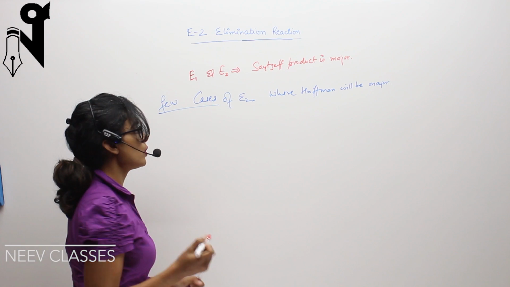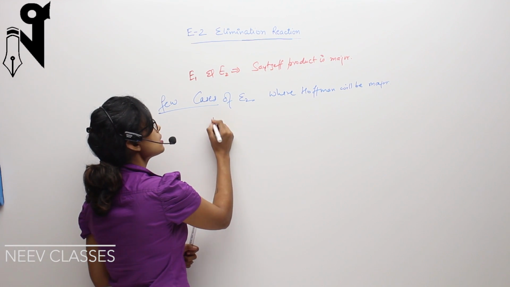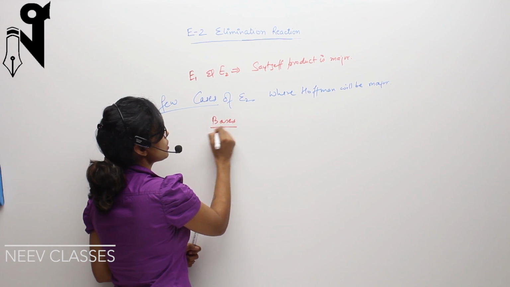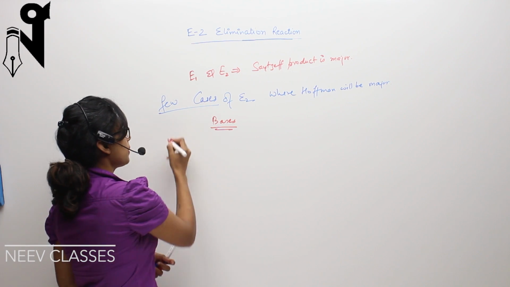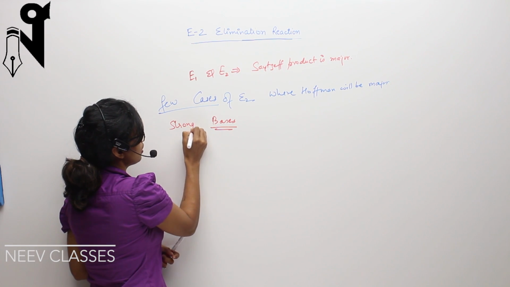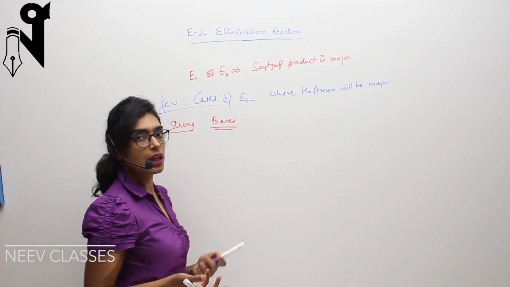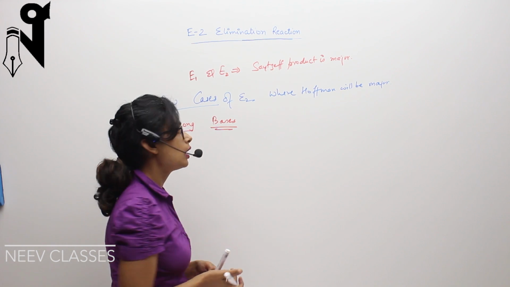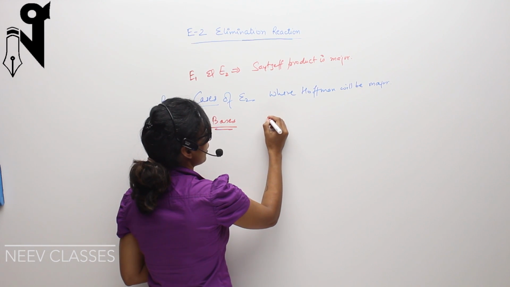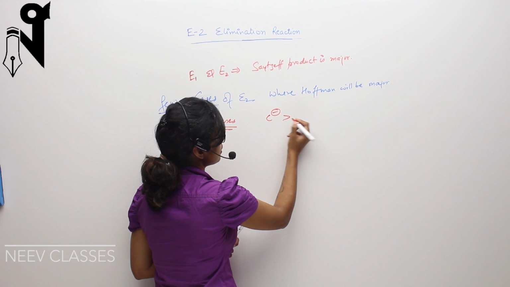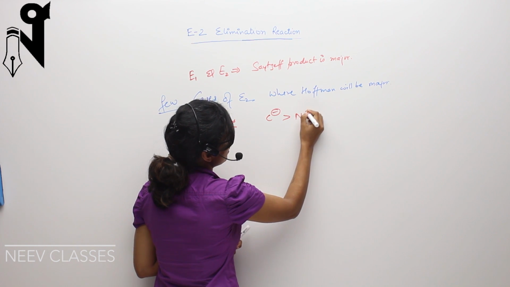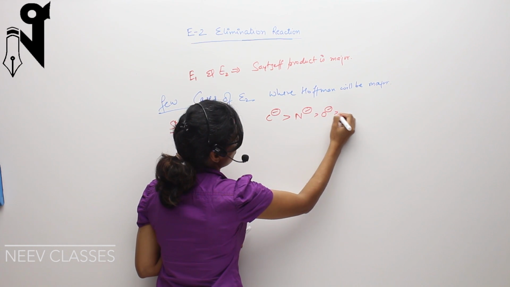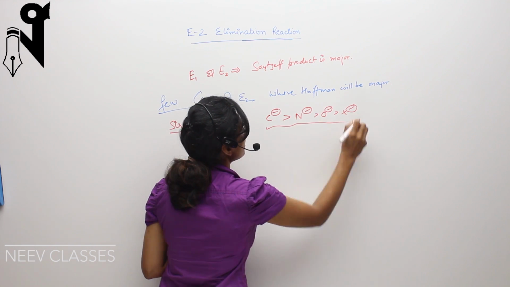Before that, first you have to understand what different bases we can take. Again, I am just talking about what are the strong bases. So we have different types of bases. Anything which is negatively charged is a base, and the strongest base is C minus, then comes N minus, then O minus, and then X minus. So this is how the basic order is.